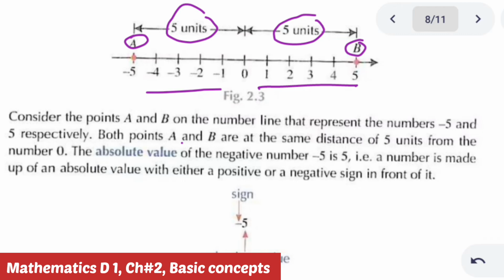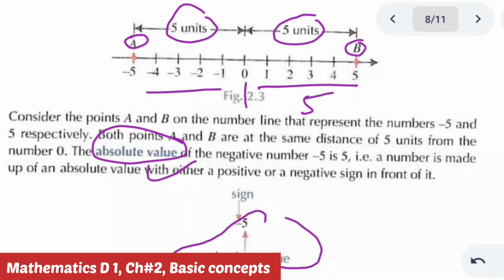If we want to determine the absolute value of any number, then the absolute value is 5. Both point A and point B are 5 units apart from the 0, from the central position. So the distance of B and A from 0 is equal. That's why the absolute value for both these points is 5. Therefore the absolute value of -5 is 5.